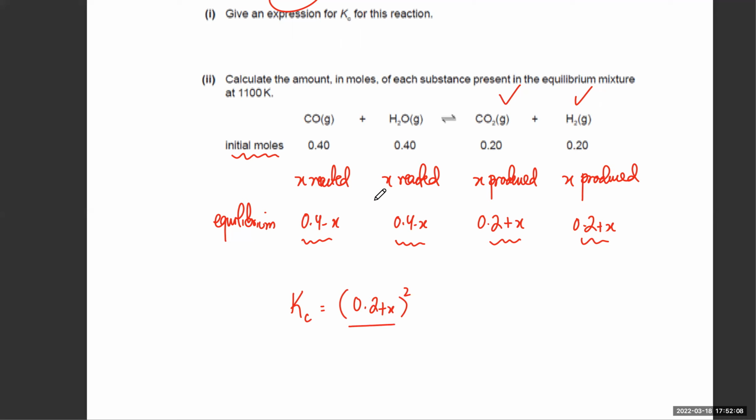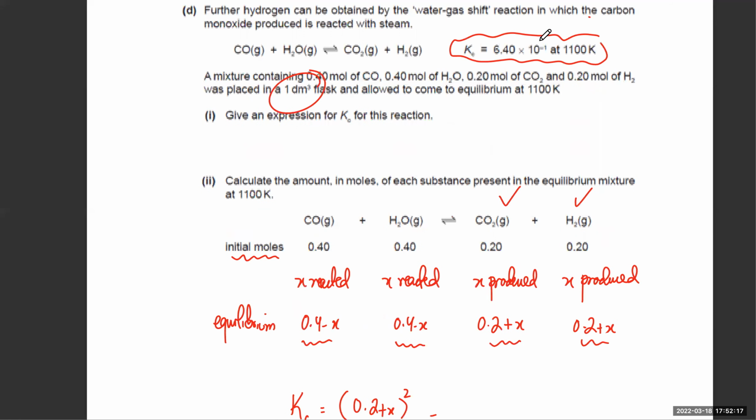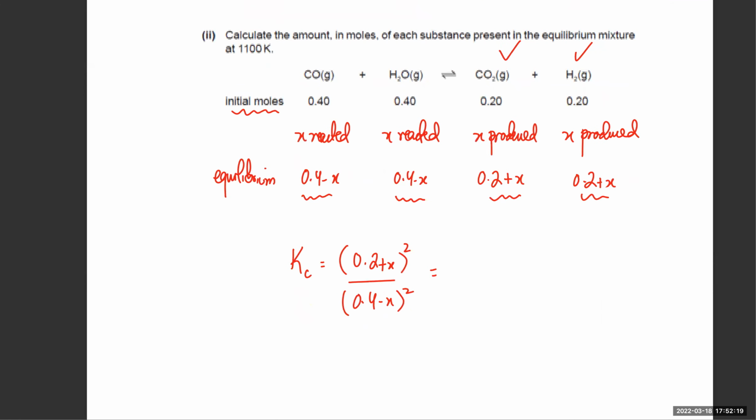So the reactants are 0.4 minus x into 0.4 minus x, so it's basically (0.4 minus x) squared. And the value is already given. Kc is 6.4 times 10 power minus 1. And all you have to do is you have to solve this.